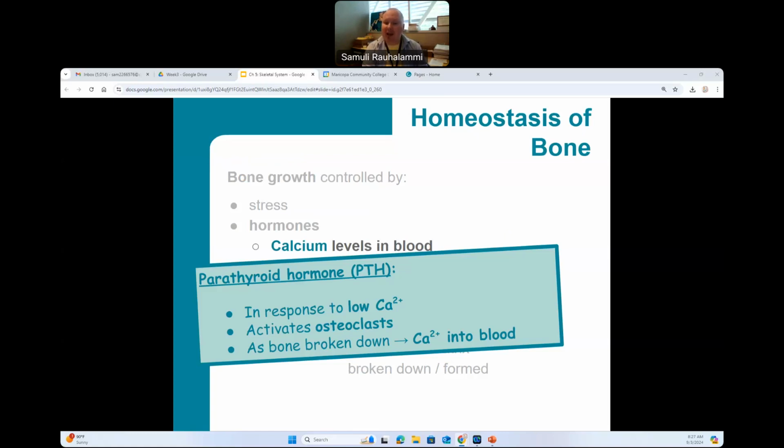And as osteoclasts break down the bone, they release calcium ions into the blood so that it's now available. And from a clinical perspective, this could lead to clinical issues, and we could see, for example, that parathyroid hormone could be making bones very brittle, or we could see that the hormone calcitonin would make bones stronger.